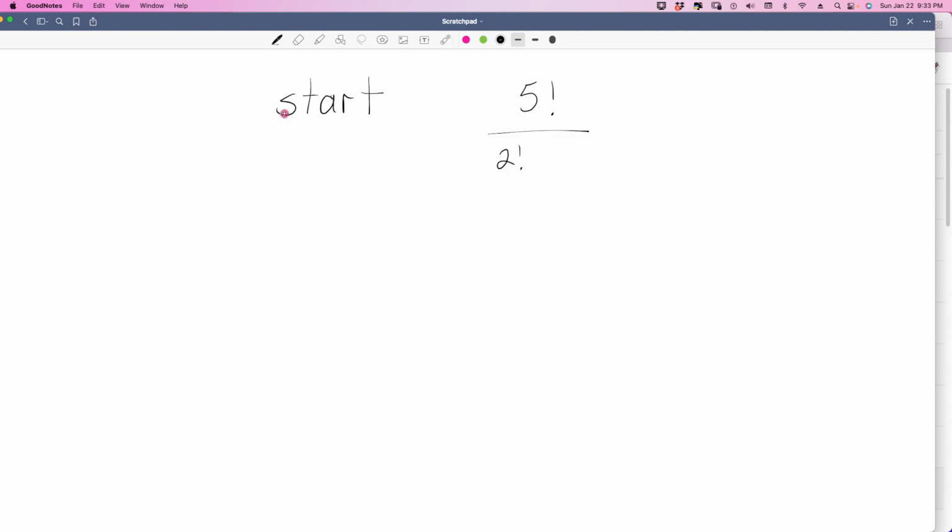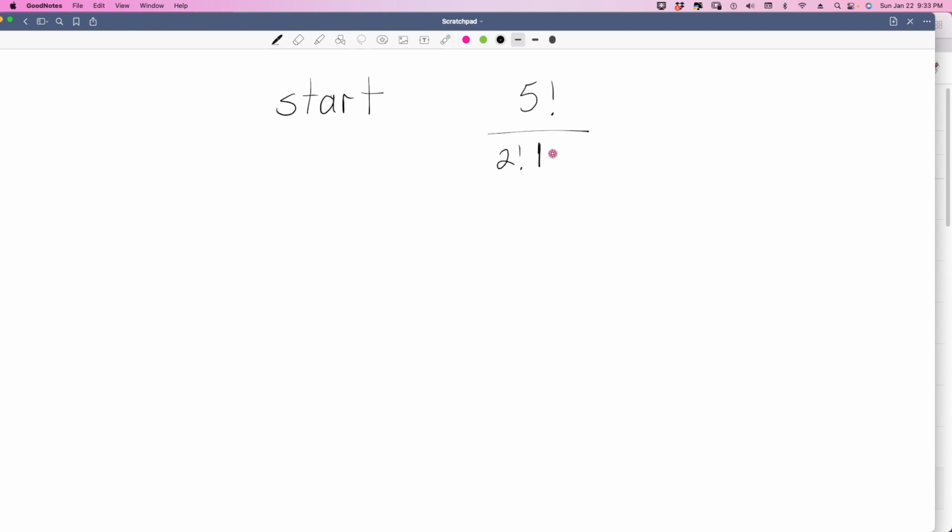And then we have 1, 2, 3 left. No, I'm sorry, these are 3 different ones. We have 3 that are just ones.